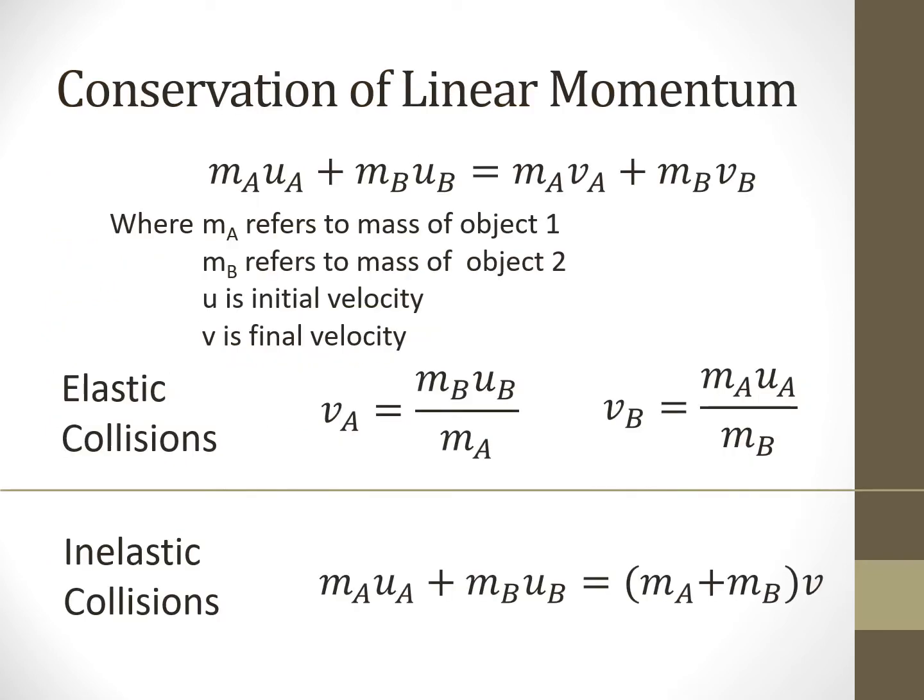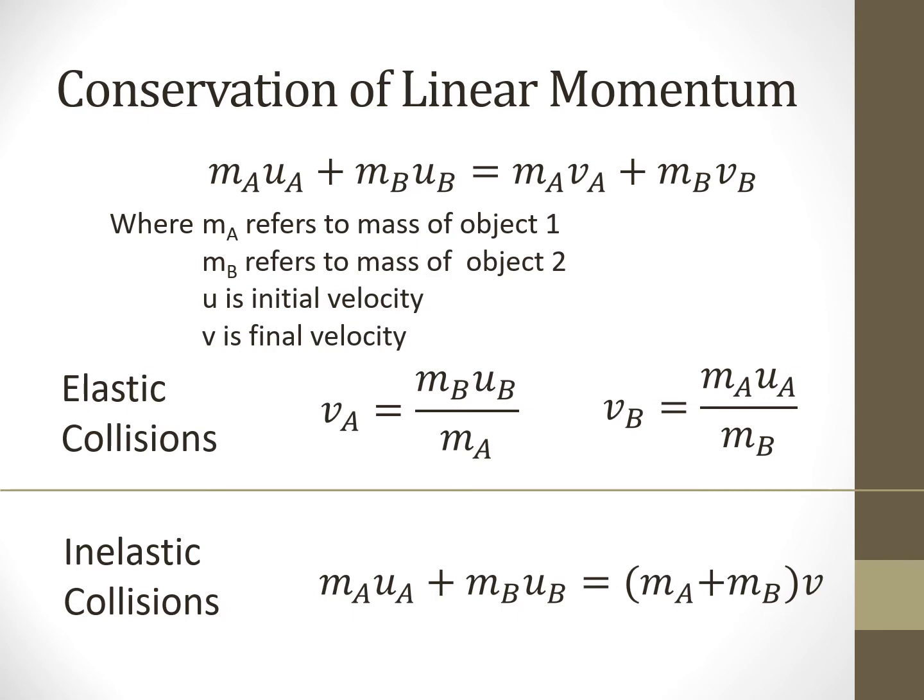Here are the equations we will be using for elastic and inelastic collisions. Take note that you can solve for the final velocity of an object in elastic collisions for object A and object B. So, the final velocity of A is equivalent to mb/UB all over ma, while the final velocity of object B is equivalent to ma/UA over mb.